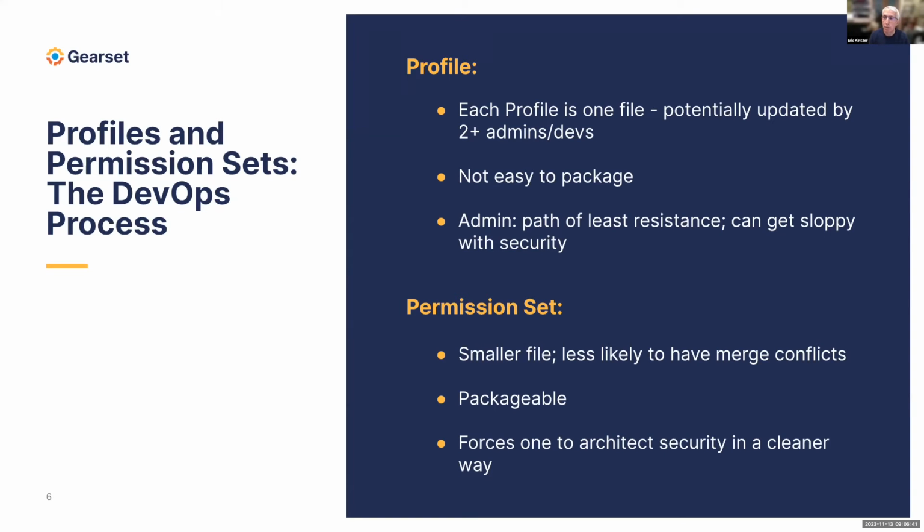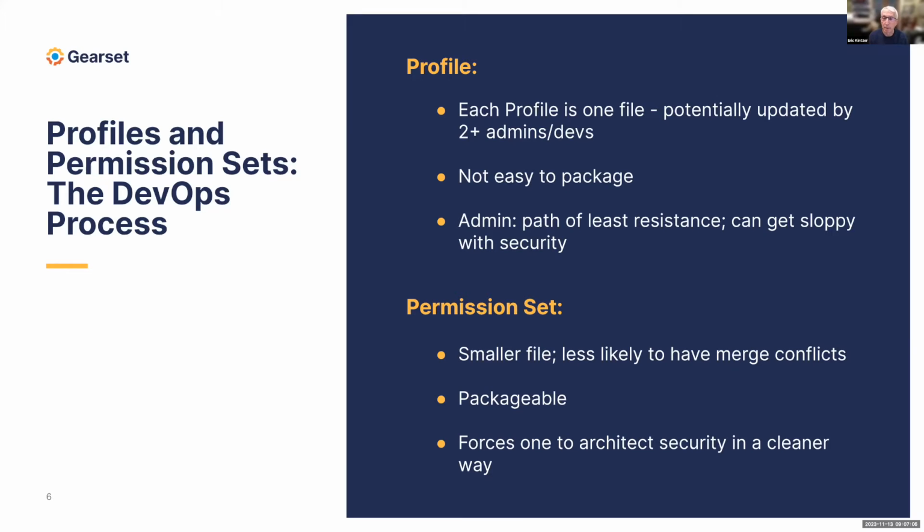Okay, so how does this all work in the DevOps process? Well, for profiles, as you know, each profile is one XML file. And it has the likelihood of possibly being updated by 2 or more admins or devs at the same time. You can't really package these.